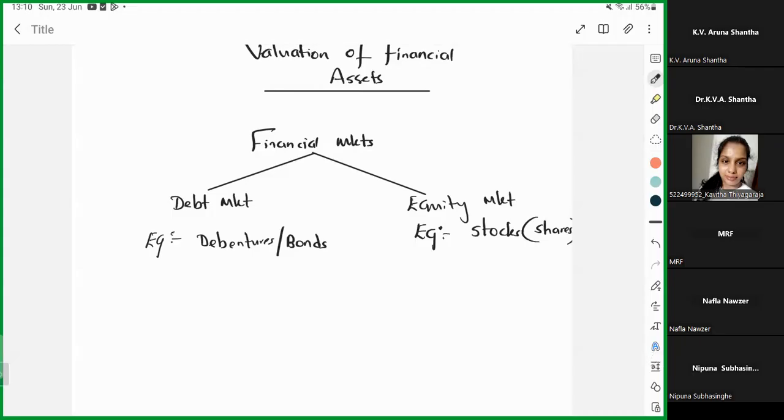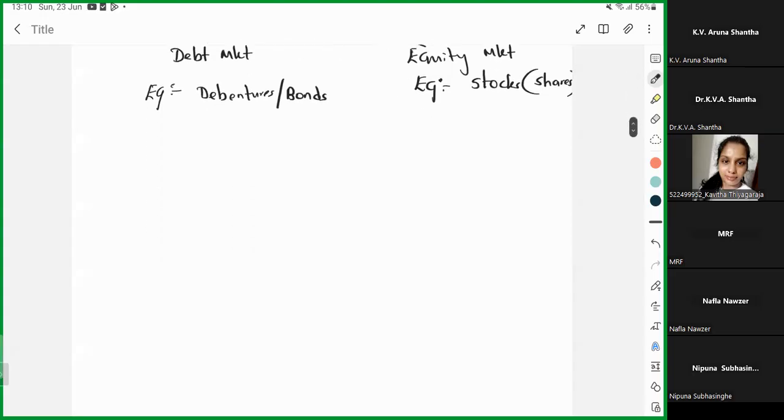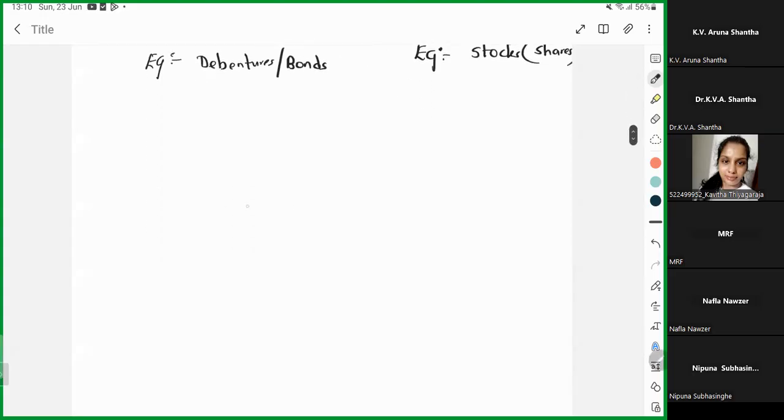Trading happens between two parties. There's a buyer, who is willing to buy those assets, and on the other side a seller, the party who is willing to sell his assets. In the financial market, transactions take place between buyers and sellers.